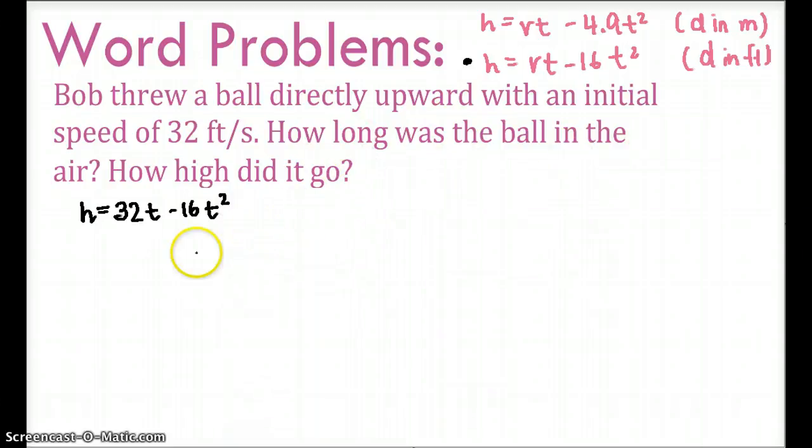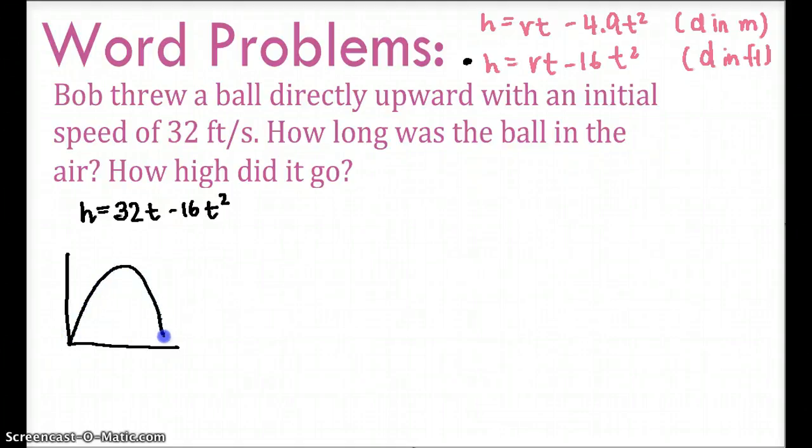And it says, how long was the ball in the air? To determine that, we're going to visualize this as a graph on an xy plane. It's going to look something like this. The ball is thrown up to this maximum height right here, and it's going to reach the ground here. This is the height, and this is the time.